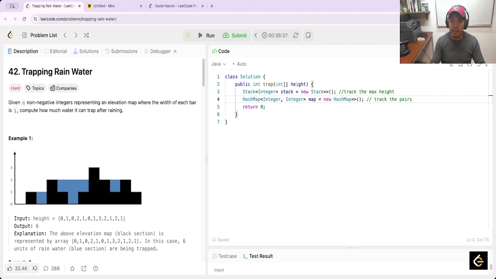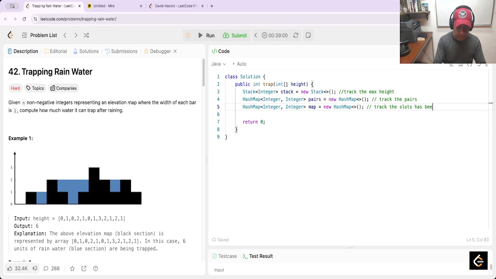The other is similar to this, but the difference is that, let me change this, pairs and map. This tracks the pairs and tracks the slots that have been checked before. Yeah, for example, this and this.